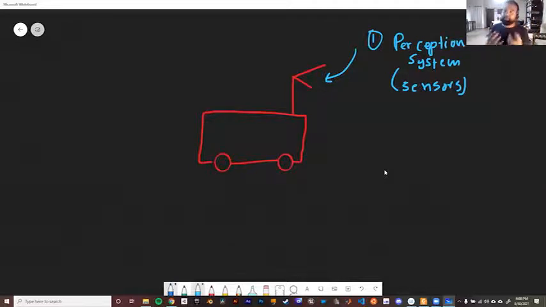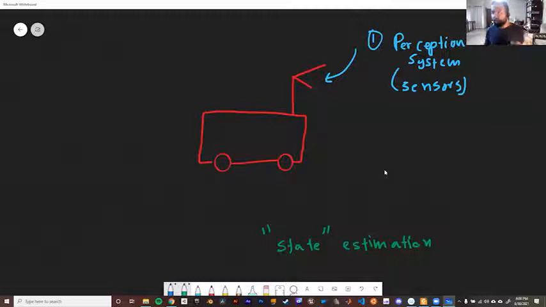Now, once it gets this information into the robot, one important estimation task is state estimation, right? So I hope you guys are familiar with the concept of state estimation. If any of you are not, a state in a system is some sort of quantity or variable that we care about, right?